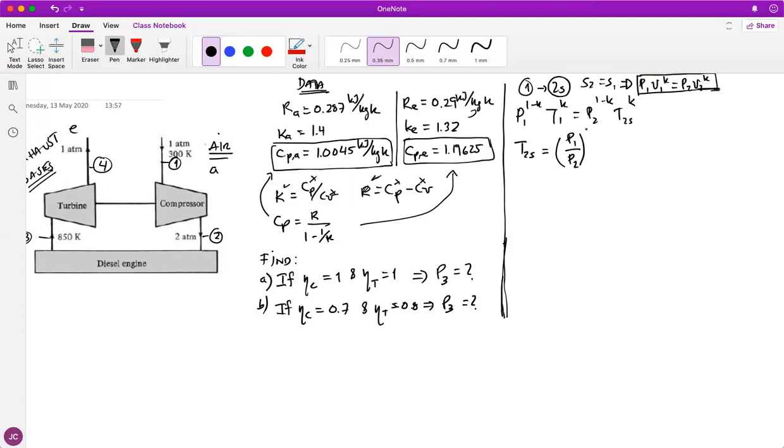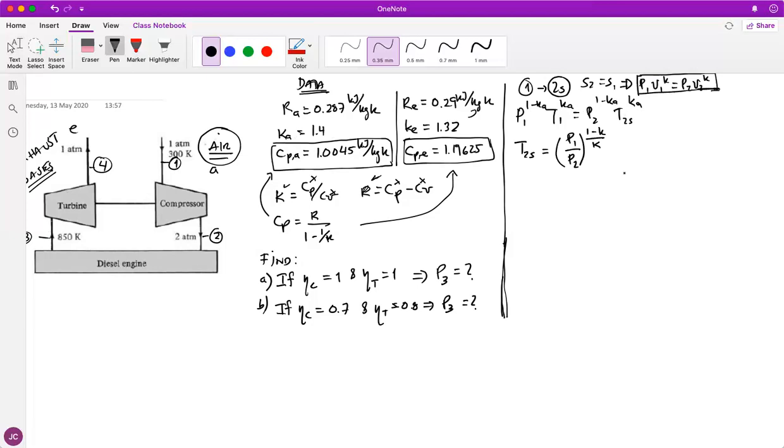It has its tricks, but nonetheless, I think I can write it. And this is for air, okay? So I should be putting Ka because I'm going to use the Ka part, okay? I'm not using Ke because I'm doing from 1 to 2, and from 1 to 2, I'm sure that this substance is air. Now from 3 to 4, I'm going to use the parameters or the values for the exhaust gases, not for the air.